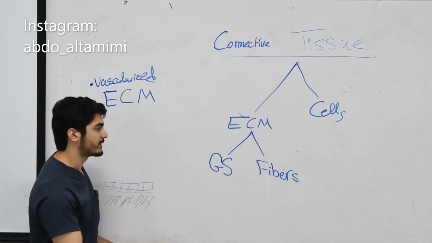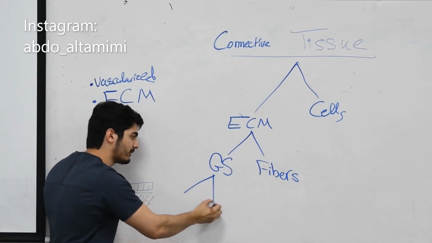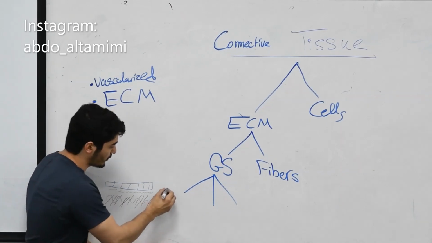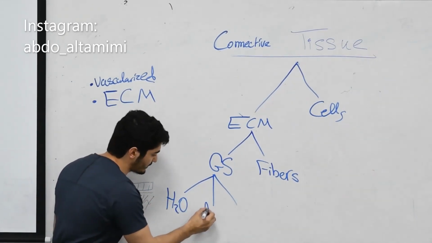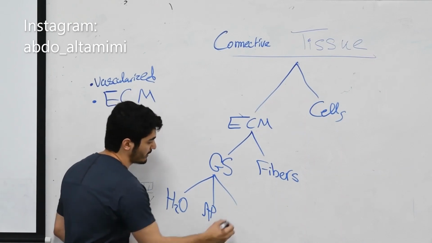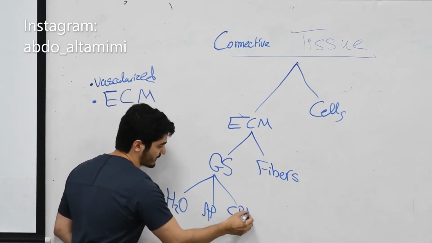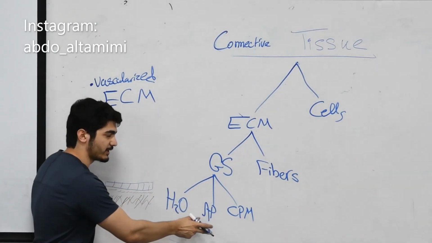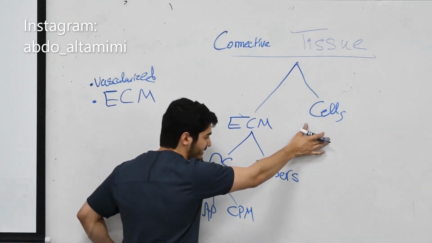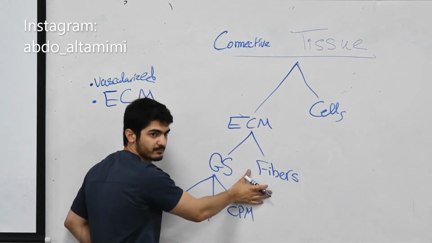Okay? The ground substance consists of three things: water, adhesion protein, charged polysaccharide molecules. One, adhesion protein: its job is that it attaches cells to fibers.